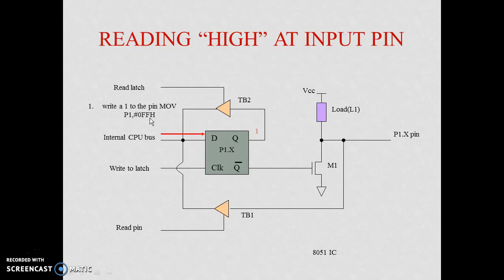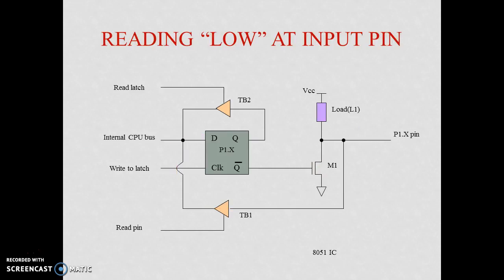So it is 1, so 0 is available at Q bar, the transistor will not conduct, and due to the external pin being high, 1 is available to this buffer, and it is processed inside the chip. So we can read this port. When this D input is 1, it is available due to the command MOV A, P1.